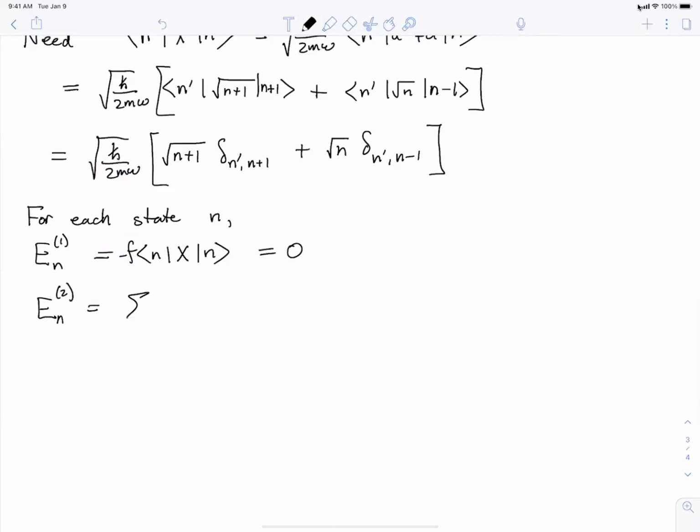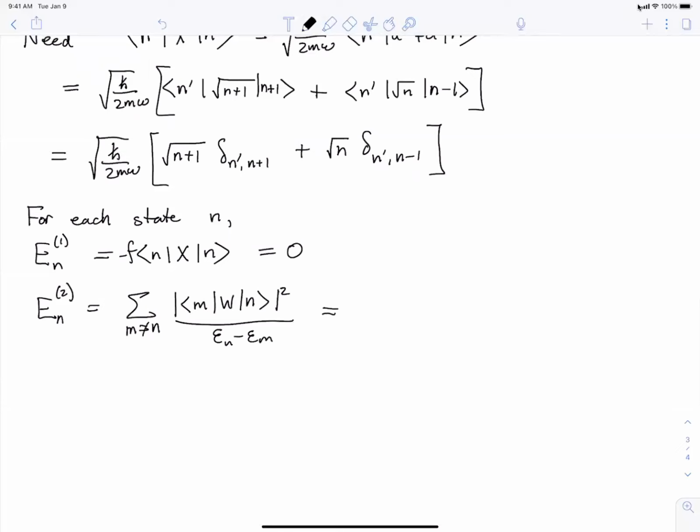Okay, for which our formula above tells us this. And now we see that exactly 2 terms in the sum will survive.